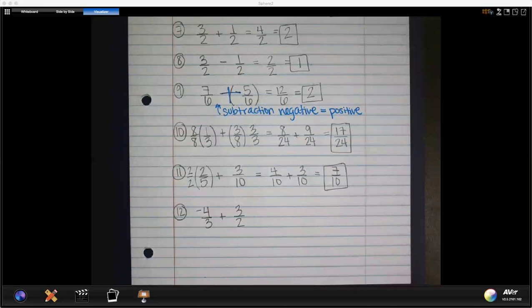Again, I'd like you to try number 12. This is how you learn. You practice it on your own. You see what you get. If you get it correct, you know you're on the right path. If you're not getting it correct, you know you need to ask questions, ask for help, seek advice.